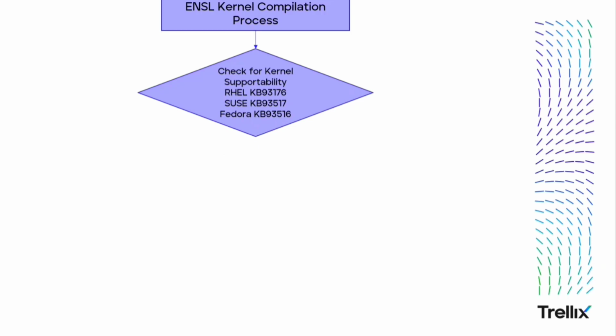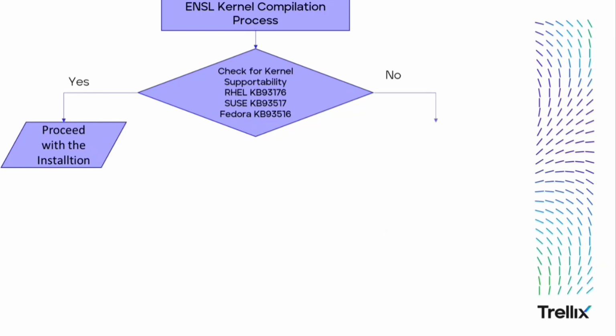These are for different distributions. For Ubuntu, it can be checked in the product release notes. If the kernel is supported with the product, we can go ahead and proceed with the installation. If not, then we can recompile the kernel using KB article 89912.